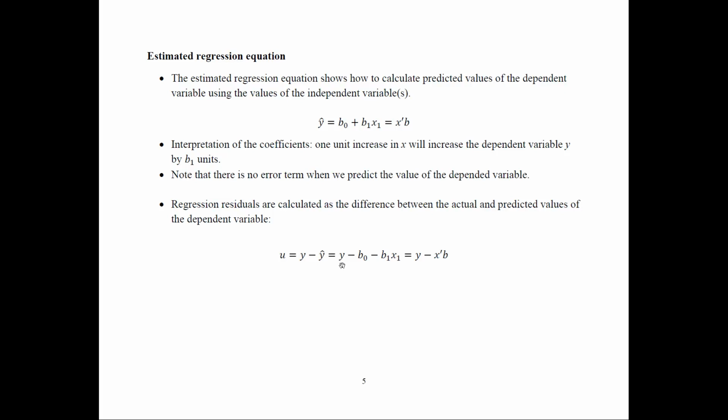And this is y minus, I'm replacing y hat with the expression that we have above right here, or in matrix notation we have y minus x prime b. So these would be residuals, and sometimes it's important to check them and see how they look.